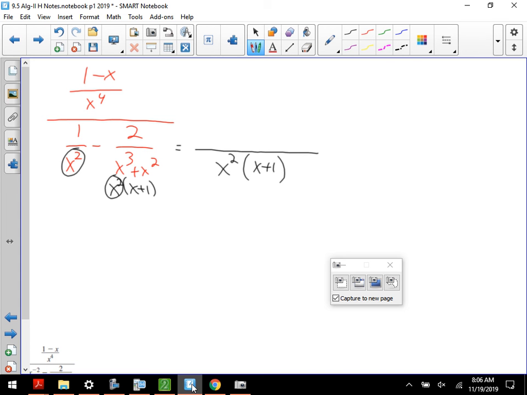Fraction on the left has the x squared, it needs the x plus 1. Since it's just multiplying by 1, I'm just going to write x plus 1. The other side has them both, so all I have to do is just write minus 2. So that numerator becomes x minus 1. You okay with that?